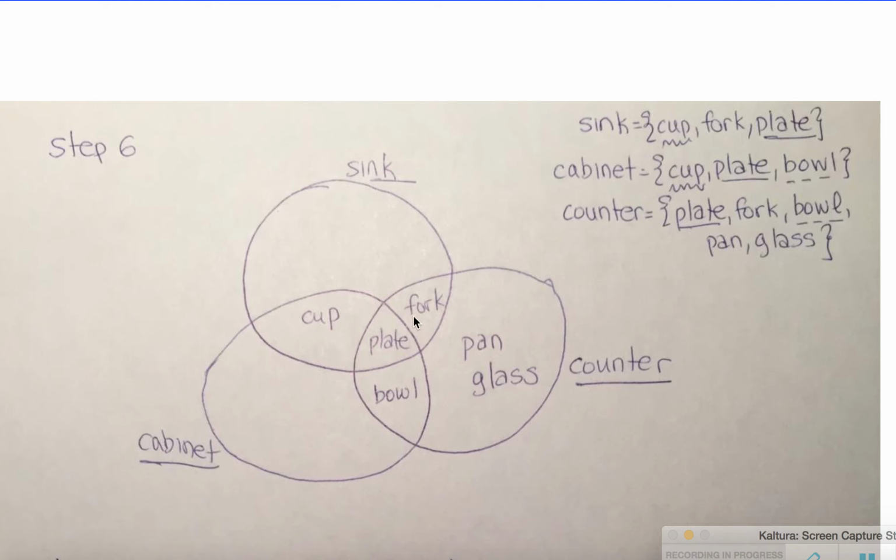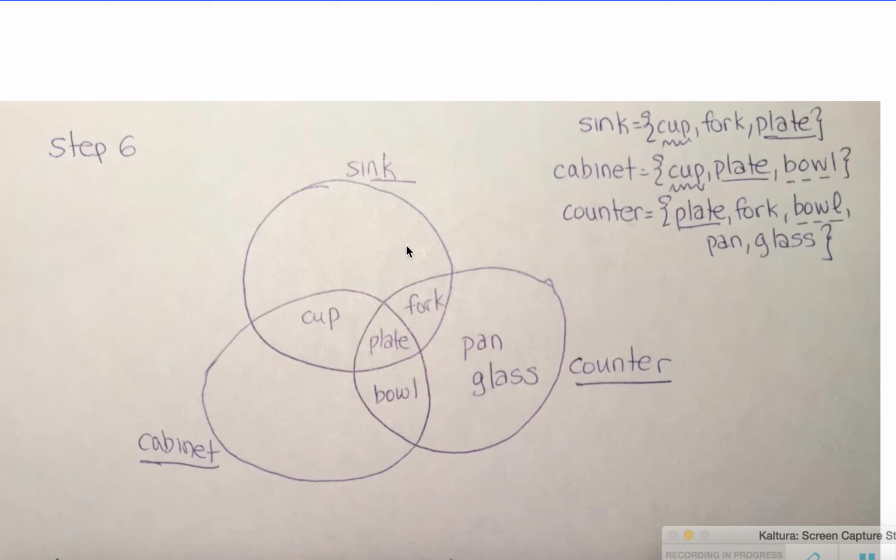So the fork now has to go in this area because it's not in the set cabinet. Because if it was, we would put it right here. But since it's only common for sink and counter, we put it in this area right here. So this is the only common between sink and counter. So this is their intersection, along with the plate, of course.